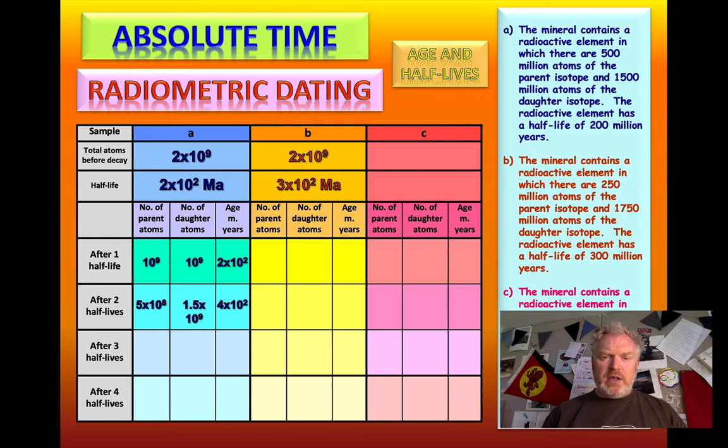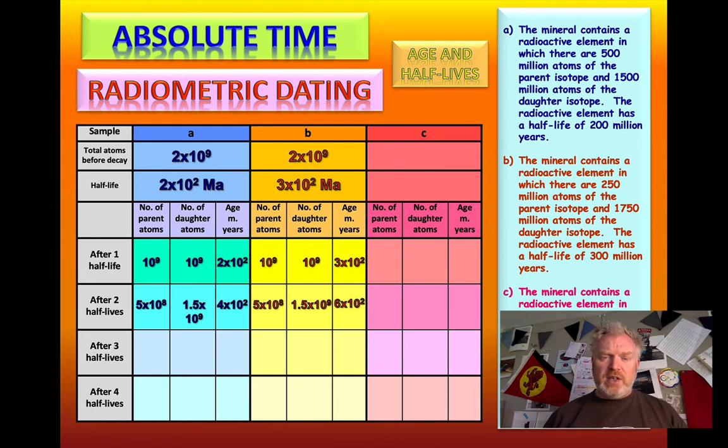Half-life of 300 million years. So we work through in the same way as we did for sample A, except this time, after one half-life, 300 million years have elapsed. Two half-lives then.